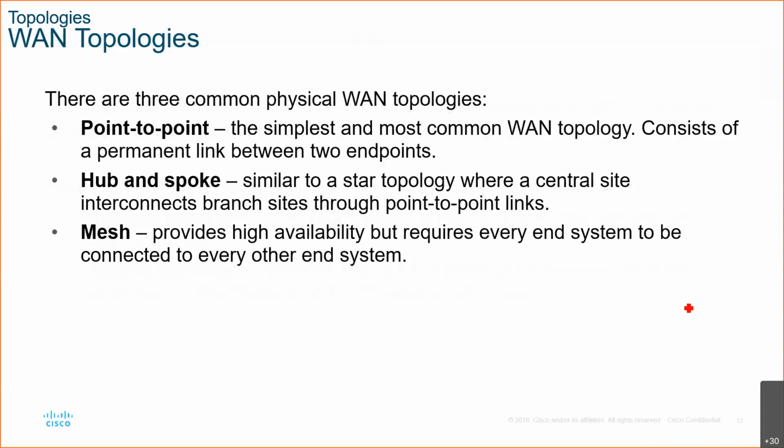You have got the hub and spoke, which is just like a star topology, a switch at the center, and everything else connected to that. And a mesh topology, where every end system is connected to every other end system. You don't need to do that, but that is also another option.